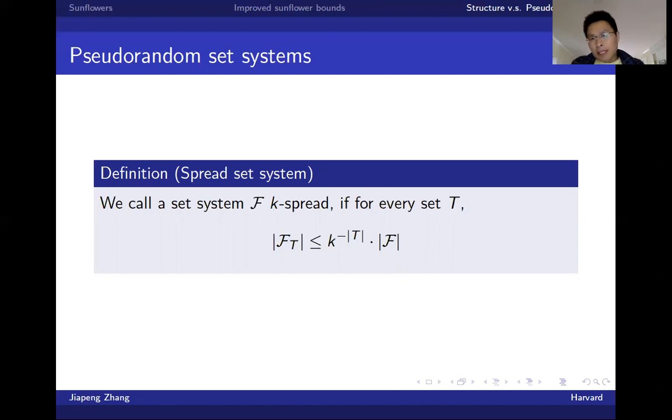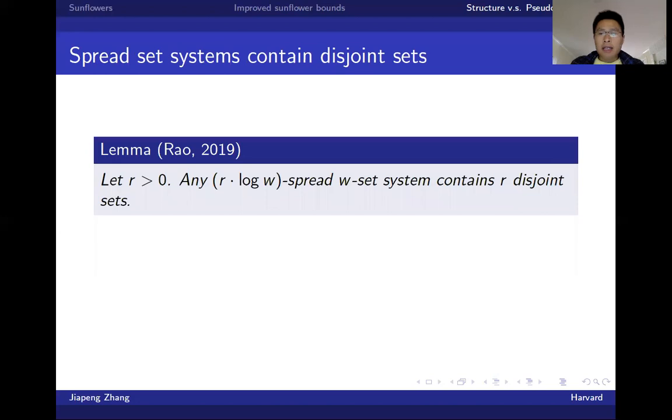What is the main lemma, and how can we formally state this intuition? I want to cite Anup Rao's result, because the bound is simpler. In his paper, he proved that for any fixed r, any (r times log w)-spread w-set system contains r disjoint sets.